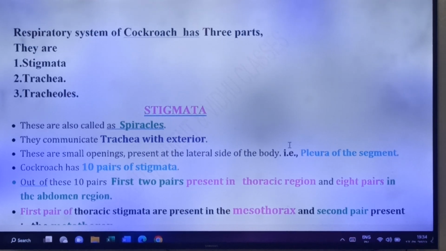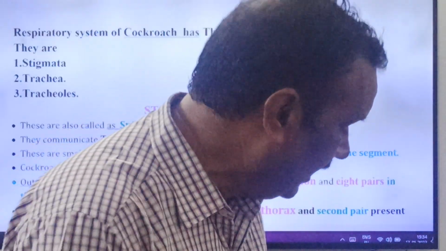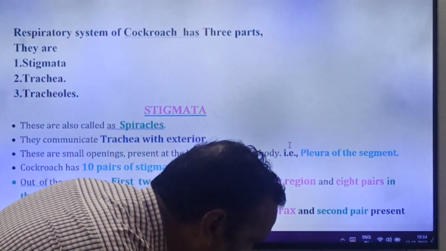Very, very important, friends. Out of these 10 pairs, the first 2 pairs are present in the thoracic region, and the remaining 8 pairs are present in the abdominal region. Now come to the stigmata of the thoracic region. Friends, you know, the thoracic region has how many stigmata? 2 pairs, friends.